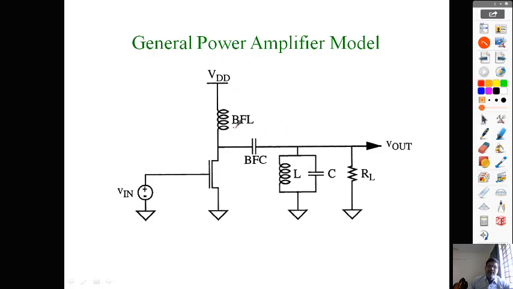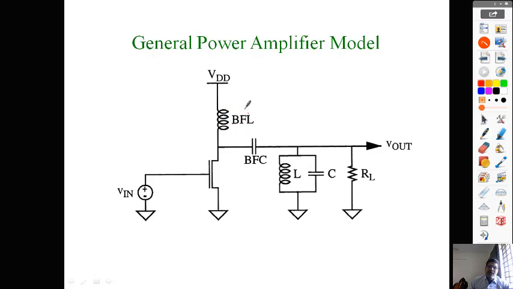RFC is the big fat inductor or coil. This is the RF inductor or RF choke, and this RF coil will not allow the RF signal towards the VDD.